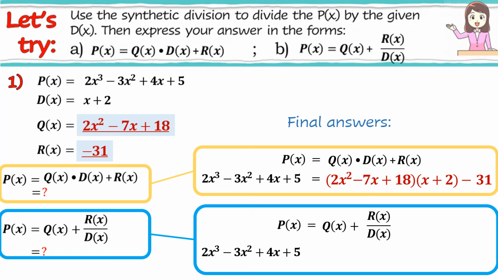So, ang ating P of x again is the given P of x that is equal to Q of x, 2x squared minus 7x plus 18, minus. So that is in the form of fraction. So 31 over x plus 2. So that's how you write the quotient and remainder when we divide a polynomial by a binomial using synthetic division.